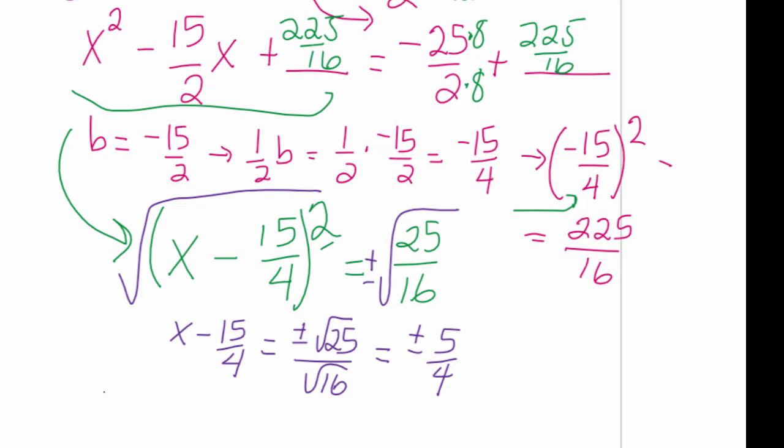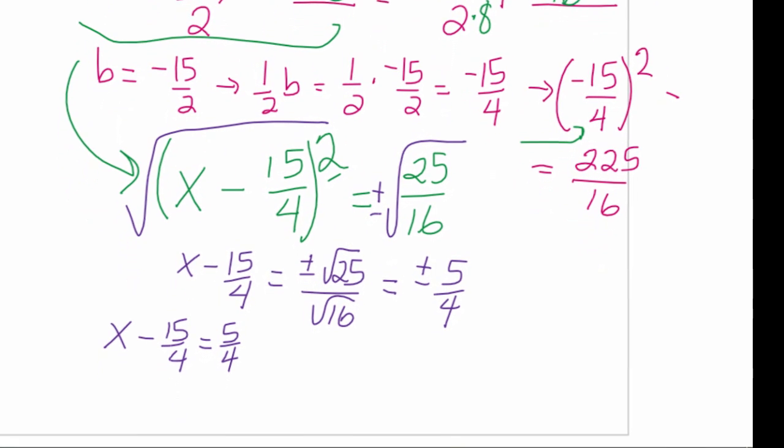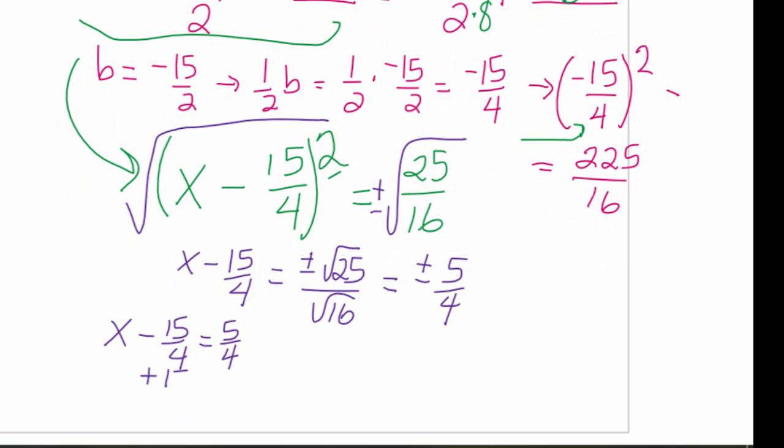So my two answers: x minus 15 fourths equals positive 5 fourths. So I'm going to add 15 fourths to the 5 fourths, and that's going to give me 20 over 4, which is 5. Not too bad. So x equals 5 here. And then over here I get x minus 15 fourths equals negative 5 fourths.